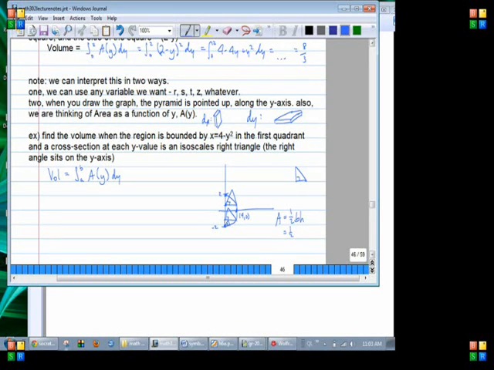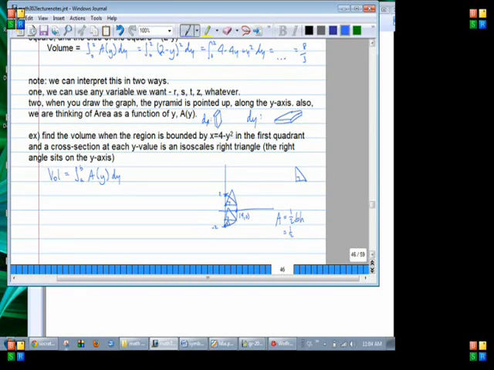What would be the height? Well, what's the shape? It's an isosceles right triangle, so what's the height? It's the same. Because what do we know about an isosceles right triangle? The base and the height, same thing.